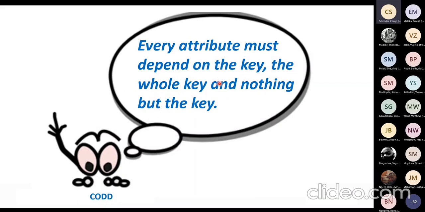So you can't have any kind of functional dependencies within the table, like we had with that car rental example. If that happens, we've got to relook at our table and make changes to remove those functional dependencies, so that in the table every attribute depends on the key, the whole key, and nothing but that key.